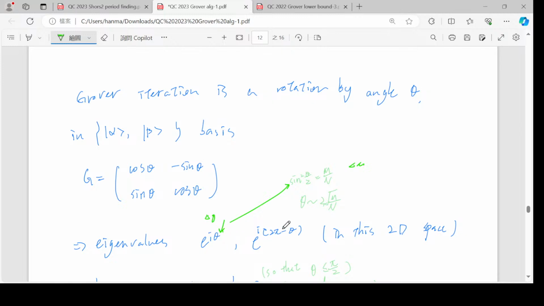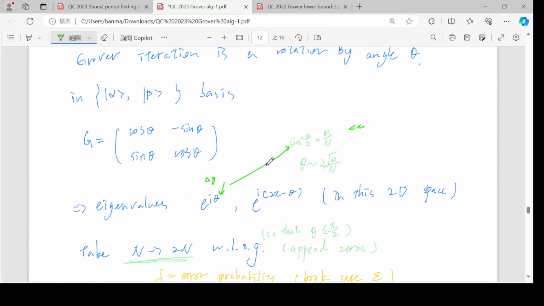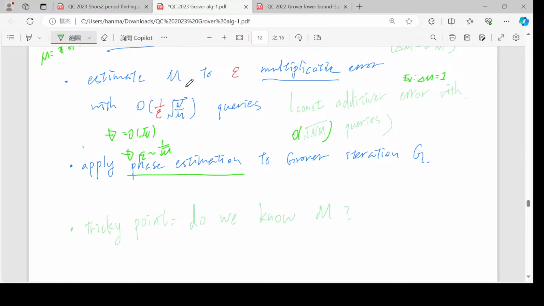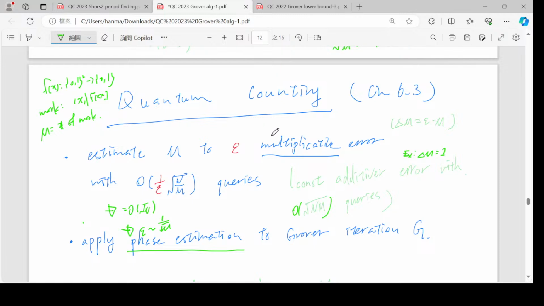You either learn theta or 2 pi minus theta, but they're basically the same. So you will learn theta, and you will have some error on theta, and then the actual hard calculation is how delta theta is related to delta m, where m is the number of marked items we actually care about. So that's a high-level idea of quantum counting.